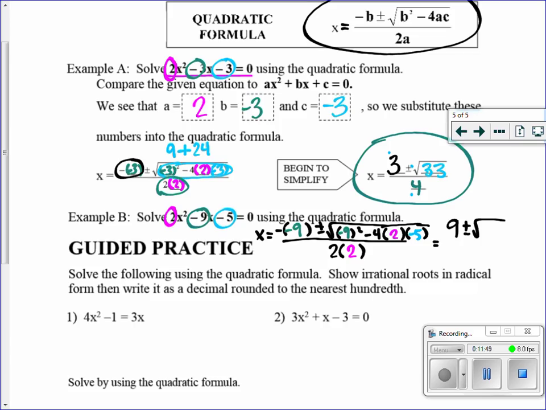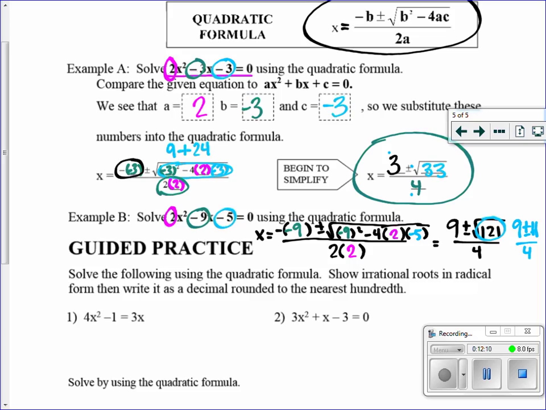So 81 minus -40, so 121. All of that is over 4. Hopefully everyone just thought in their head, well, can't we just write 11 instead of 121? Absolutely. So this answer is going to be like numbers without that radical. It's going to be 9 plus or minus 11 over 4.